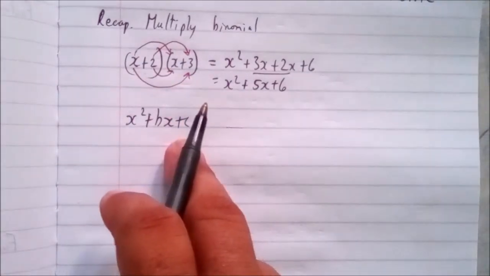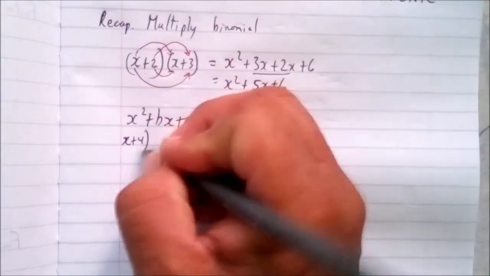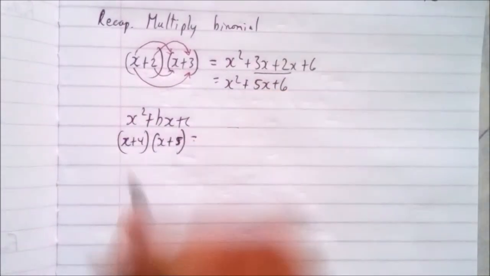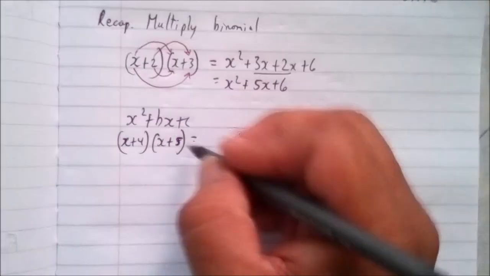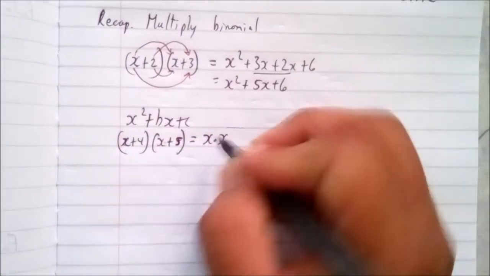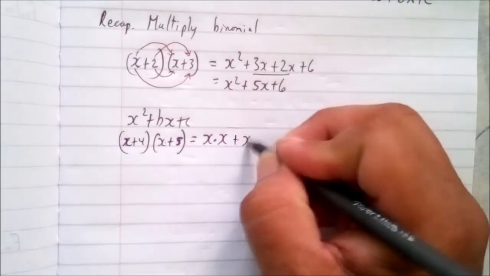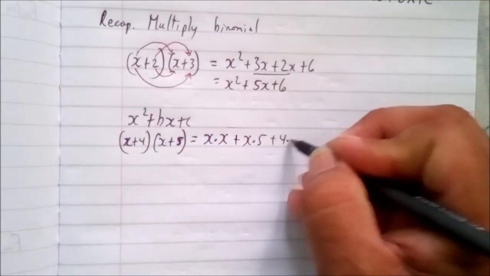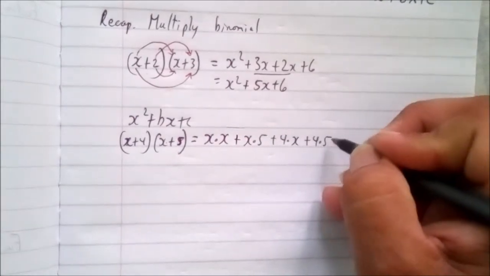So let's try another value. Consider that we have x plus 4 and x plus 5. Let's look at it step by step and see if we can find what is actually happening. We're going to use the FOIL method. X times x, plus x times 5, and then we have 4 times x, and then 4 times 5.